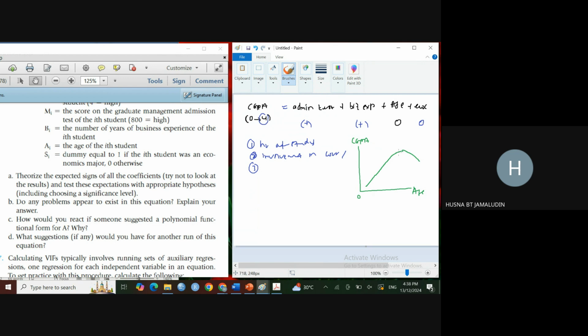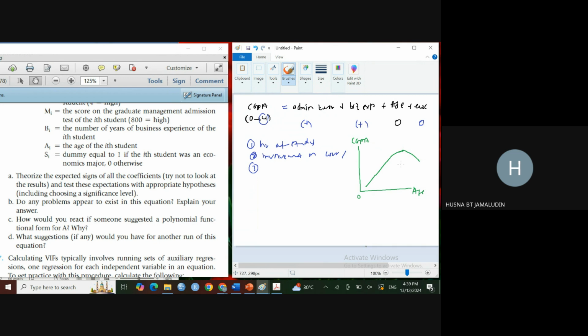But after a certain point, you are too old, 60 years old, you cannot study anymore, you have diminishing marginal productivity, then your CGPA will fall. Do you think so? Anyone? Yes, madam. Is that to respond to anyone or to respond for the polynomial? The polynomial, the age and the CGPA.